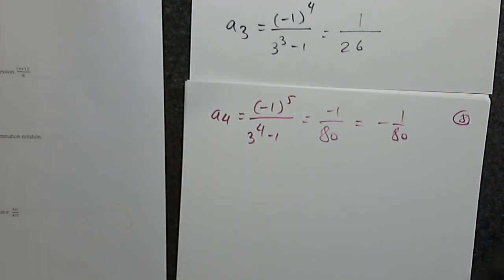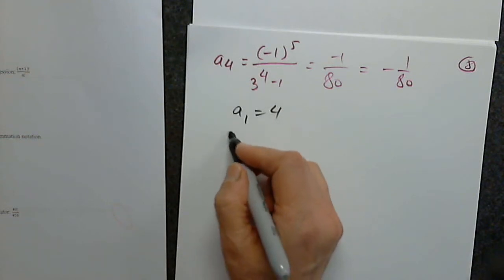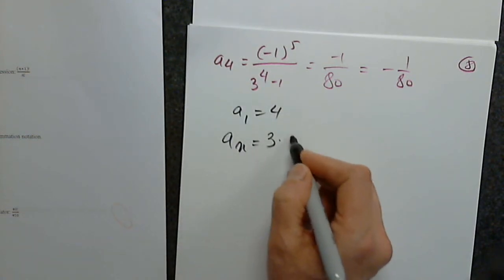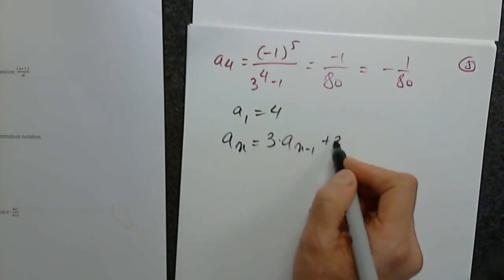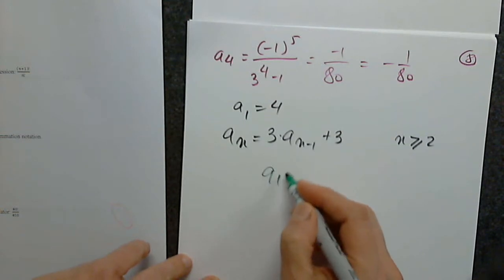Now we are given a recursive formula. A1 is given. A sub n equals 3 times a sub n minus 1 plus 3 for n greater than or equal to 2. Okay, so A1 is already given to us.